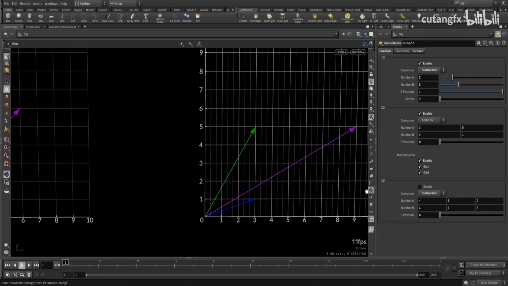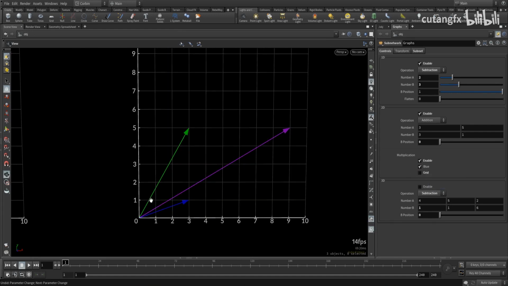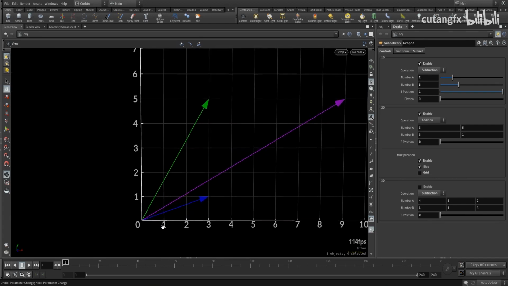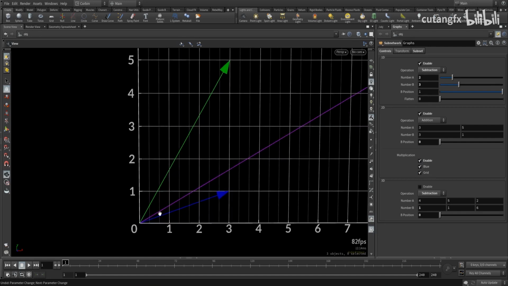Now I know that's going to be a little bit hard to understand, but let me explain it by switching on this grid, right? So here we have a normal unit, so that's 1 by 1, right? So we know that for the green vector, we have to go 3 over and 5 up. Well, instead, what if we turned every single block into the same representation as our blue vector?